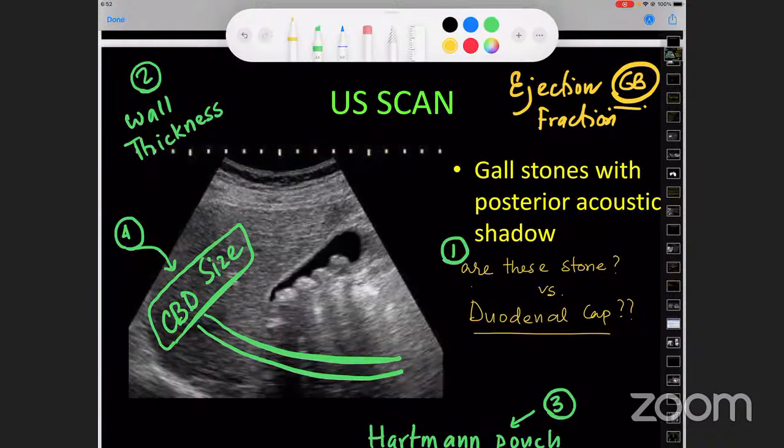Actually, it is done very infrequently, but I have done a few cases where there is a small stone, otherwise asymptomatic, with a vague pain. We are not sure whether it is due to that, whether this gallstone is symptomatic or the patient is suffering from irritable bowel syndrome, IBS. That's a totally different entity. So in that, sometimes we give a small cube of butter. We ask the patient to take it, and after around 15 to 20 minutes, we recheck the gallbladder.